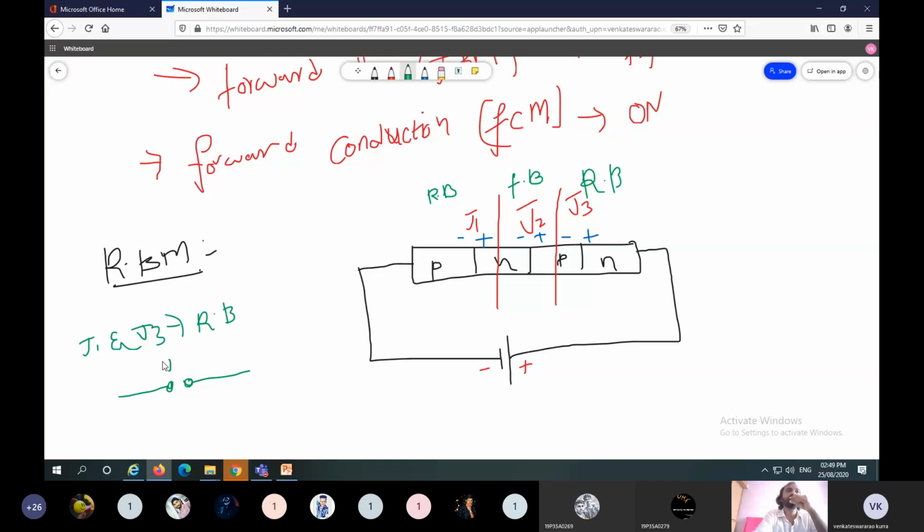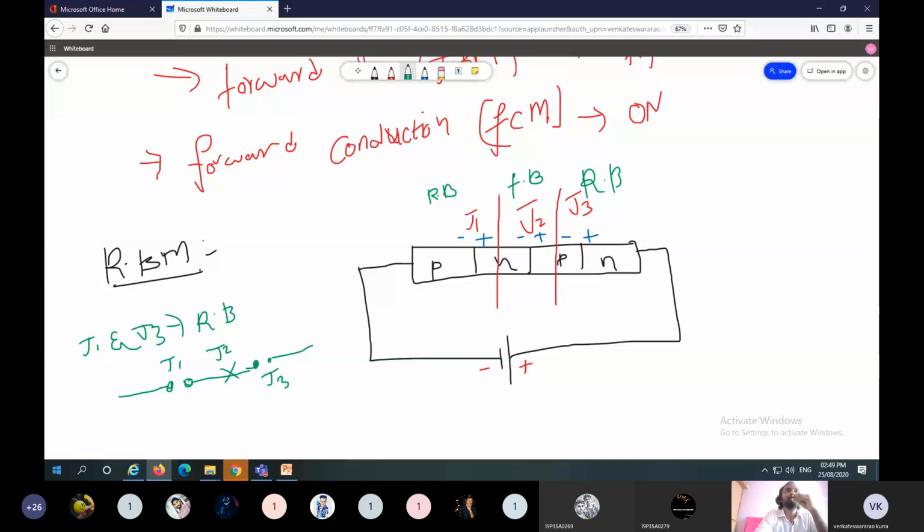Junction J2 is forward bias, and forward bias means it acts as a short circuit. Junction J3 also acts as an open circuit.